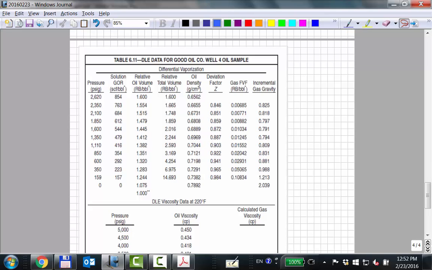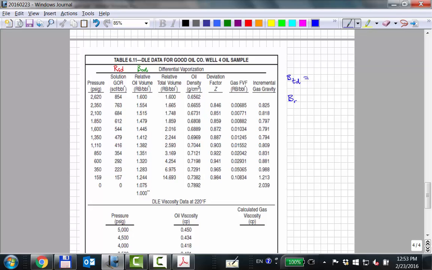So here I'll do in red the gas properties because it's not in the same order as I had. So this is our RSD. This is our BOD. I didn't put this total relative volume. Most labs don't give this anymore.